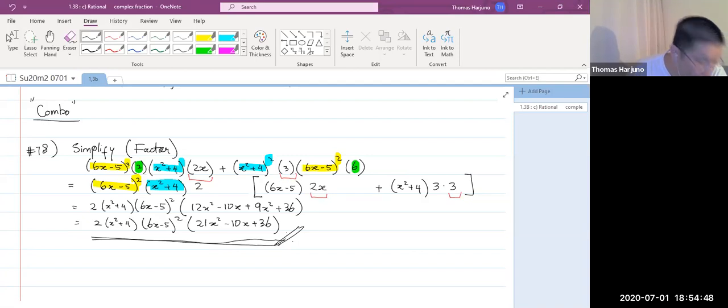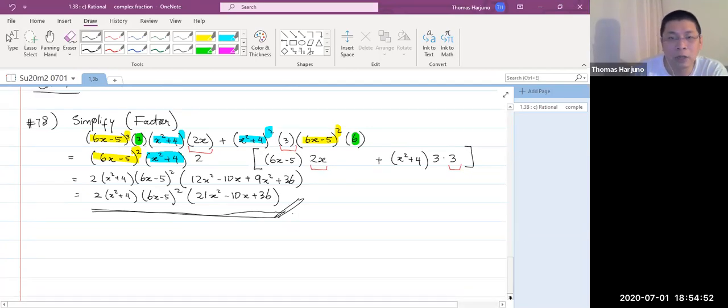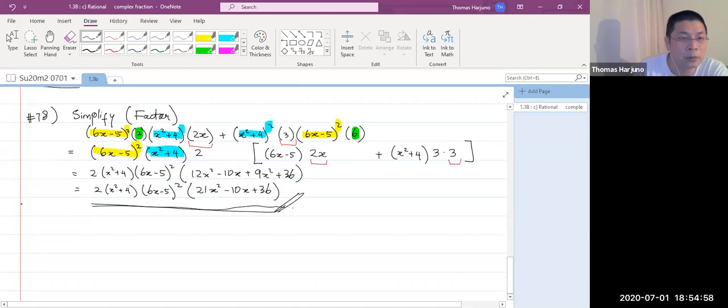Now, why do we need to learn this? Because in calculus later on, you deal with this kind of thing in even worse shape. For example, this is not as bad yet, number 84.